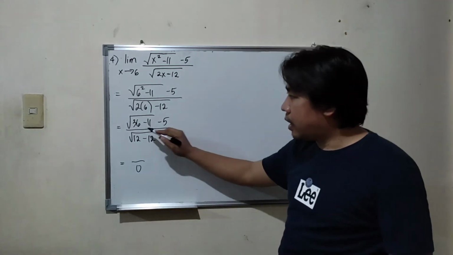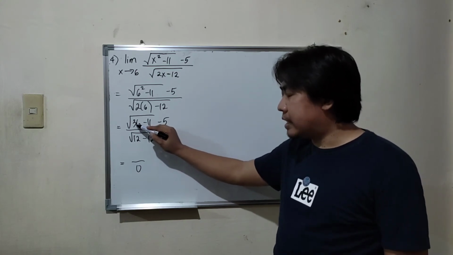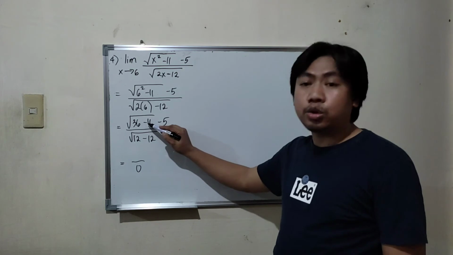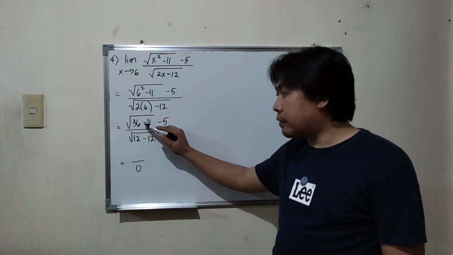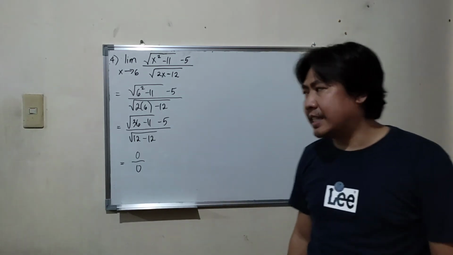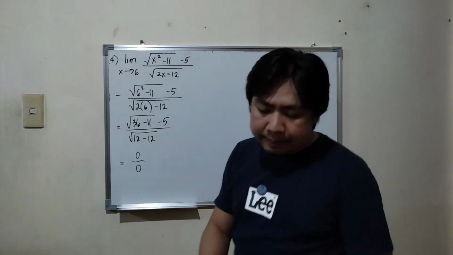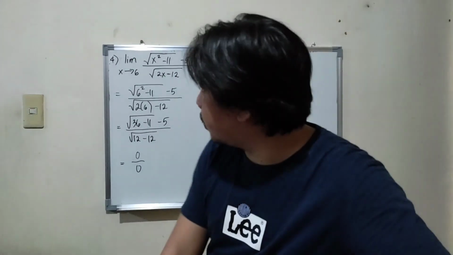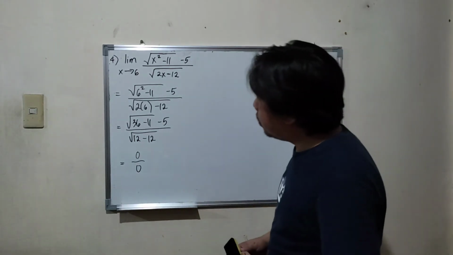For the numerator, square root of 36 minus 11 is square root of 25, that is 5, minus 5, so we have 0 over 0, which is indeterminate.